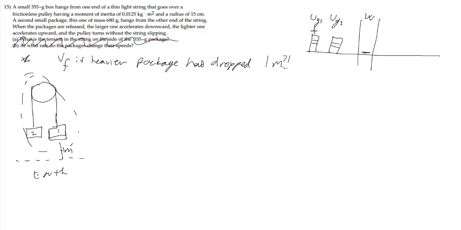Technically, 1 should have ever so slightly more. And then when we're done, 2 is going to have some more gravitational potential energy. I'm just going to make a few changes here. There we go. 2 is going to have slightly more gravitational potential energy.